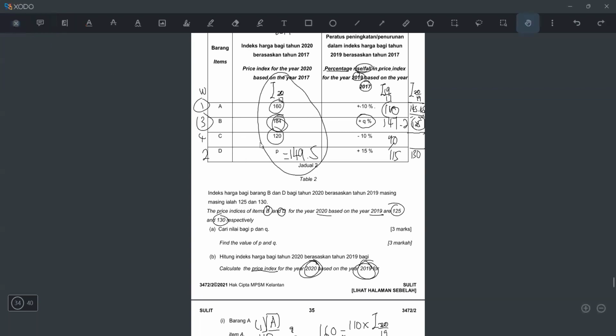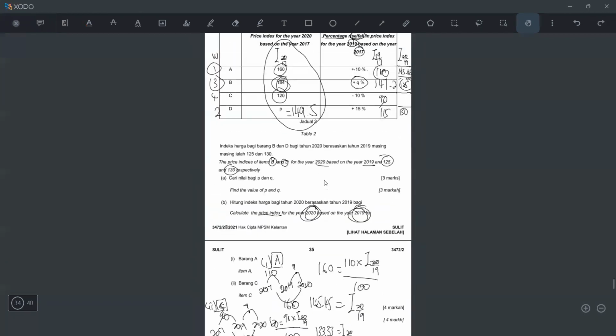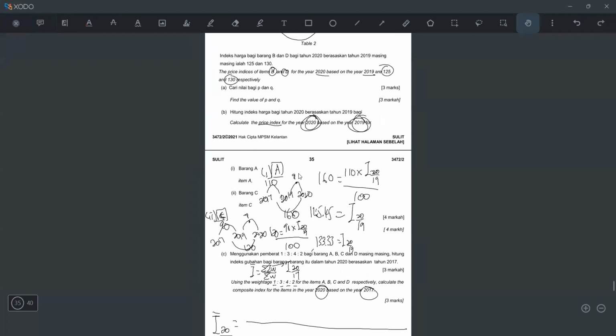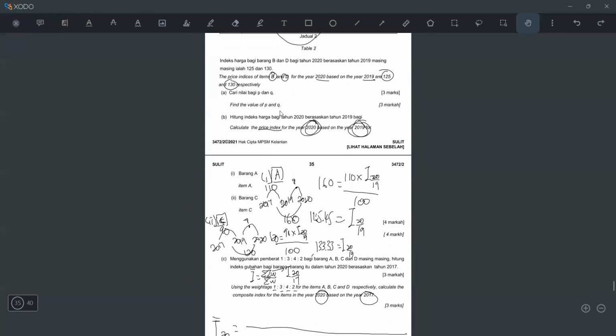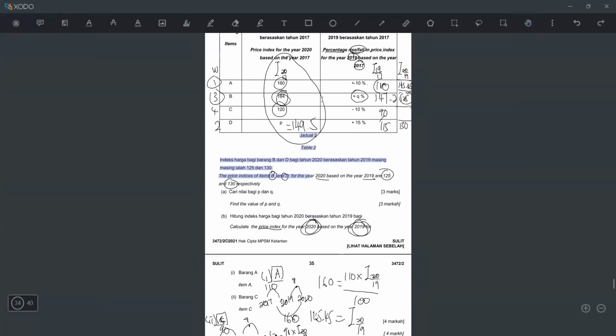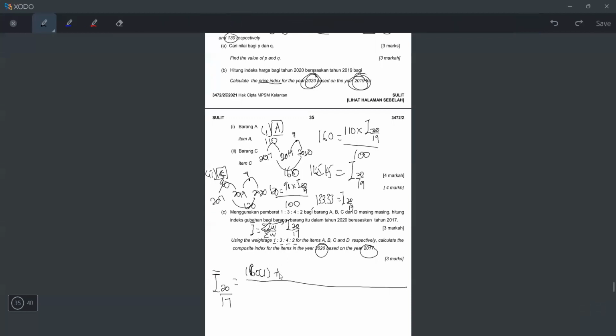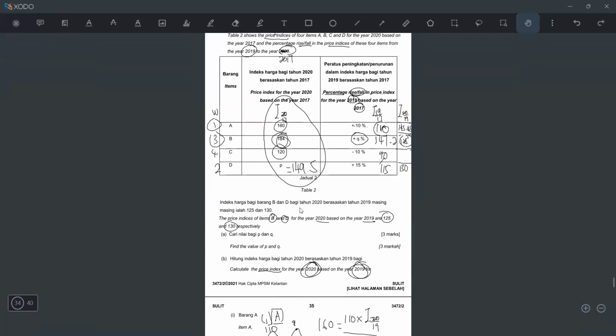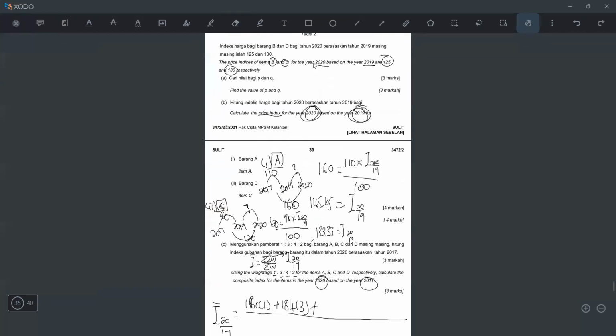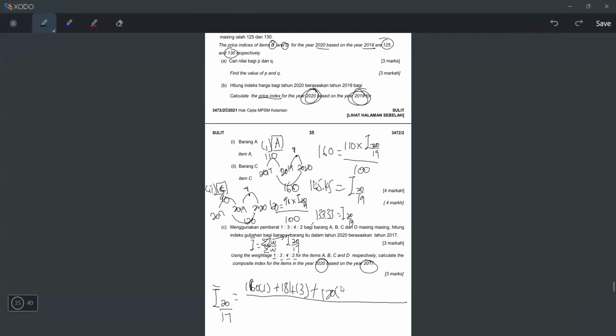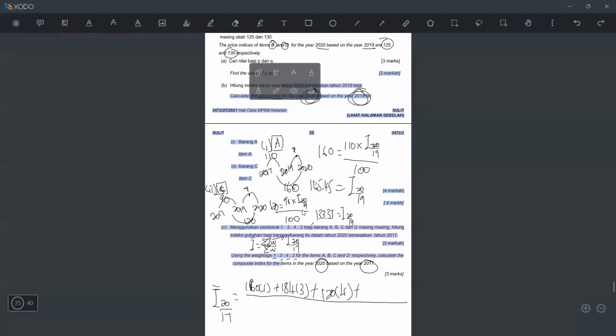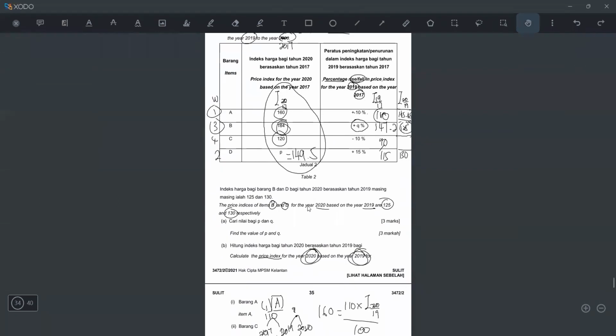Let's write it down step by step. 160 times 1, plus 184 times 3, plus 120 times 4, plus the last one, 149.5 times 2.